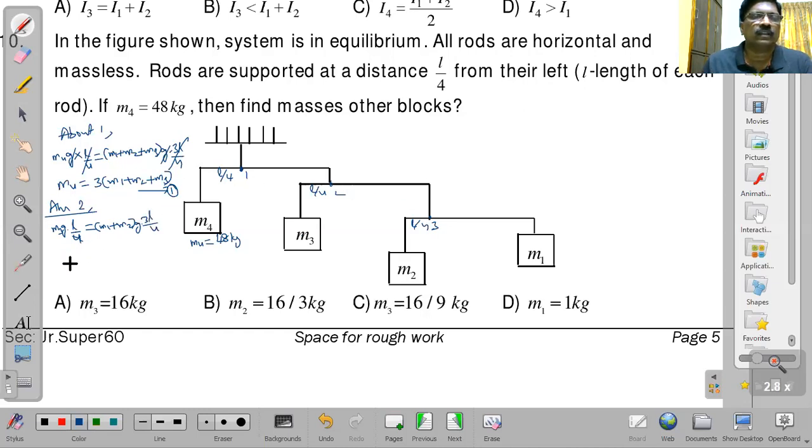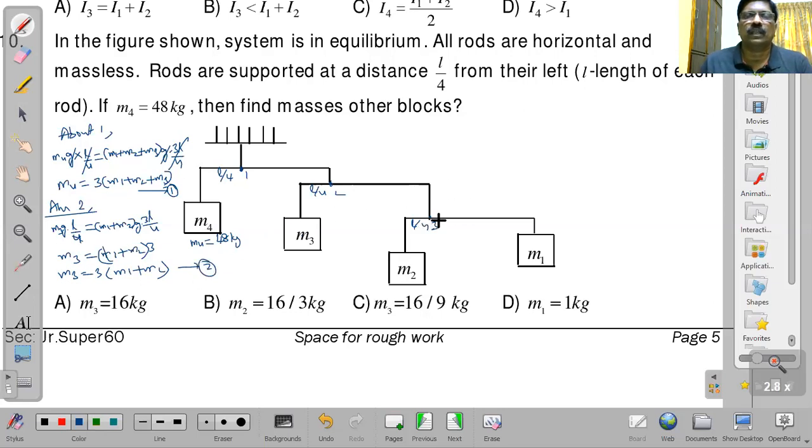Therefore, M3 is equal to 3 into M1 plus M2. This is equation 2.